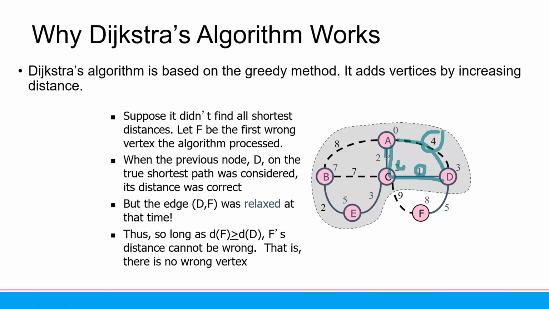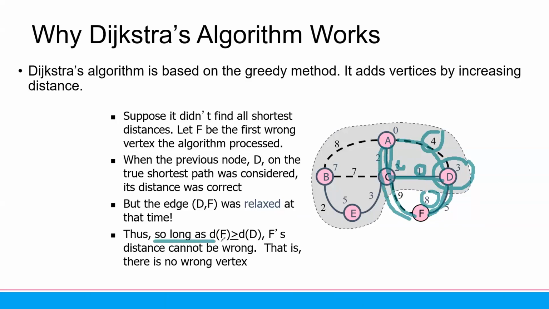If we consider this one, 2 plus 9, 11, okay, and then we have 2 plus 1 plus 5, yeah, it is 8. So we can say that this is the relaxed part because we are sure that this is the shortest. So by adding this one, there is a possibility that this is another shortest instead of ACF.